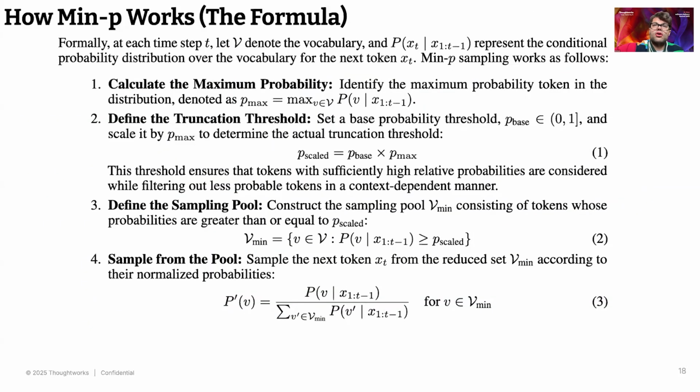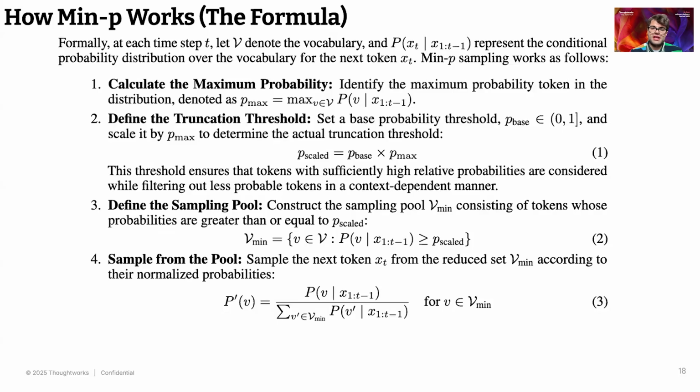And so this is a more formal description of the algorithm, which I could probably skip, given that you guys aren't a bunch of academics. But I'll humor those who aren't scared off by the math. At each step, find the probability of the top token, P max. Second, we introduce one new hyperparameter, P base. This is the minimum relative probability we're willing to consider, 0.1 or 10%, the empirical min-p of 0.1 we talked about.